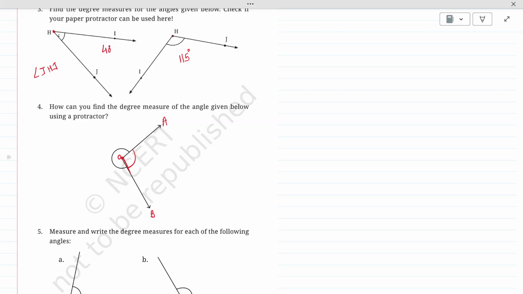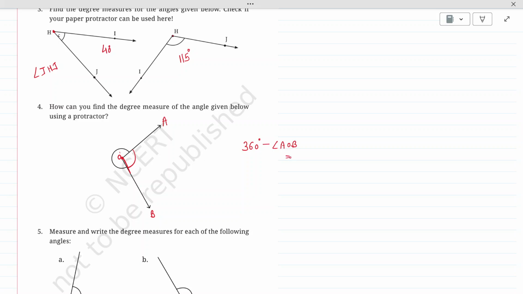I will keep my protractor like this, in line with this particular arm, with the vertex of the angle at the center of the protractor, and we can see what this angle makes here. Whatever angle we get, we are going to subtract it from the complete angle, 360 degrees minus this particular angle AOB.